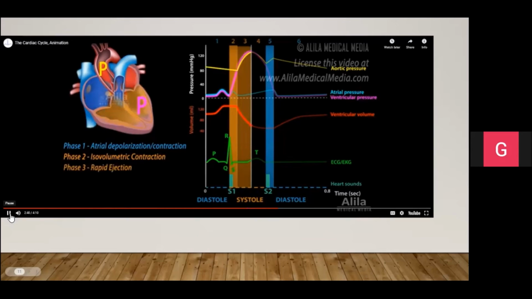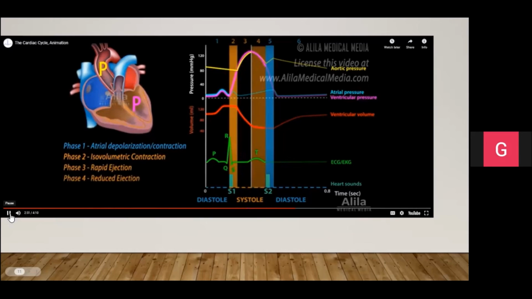As ventricular repolarization, reflected by the T wave, begins, ventricular pressure starts to fall and the force of ejection is reduced. When ventricular pressures drop below aortic and pulmonary pressures, the semilunar valves close, marking the end of systole and beginning of diastole.